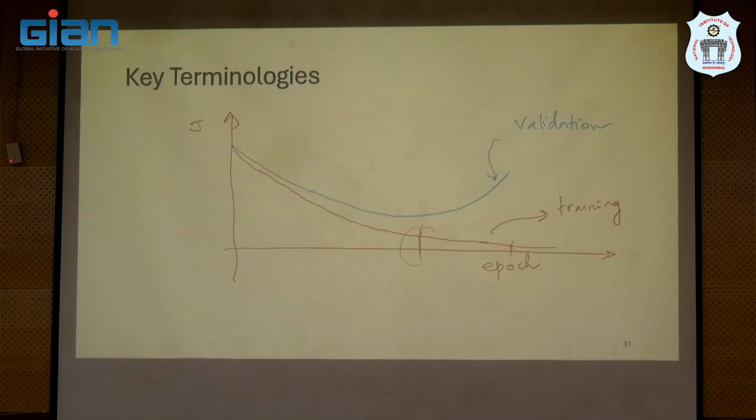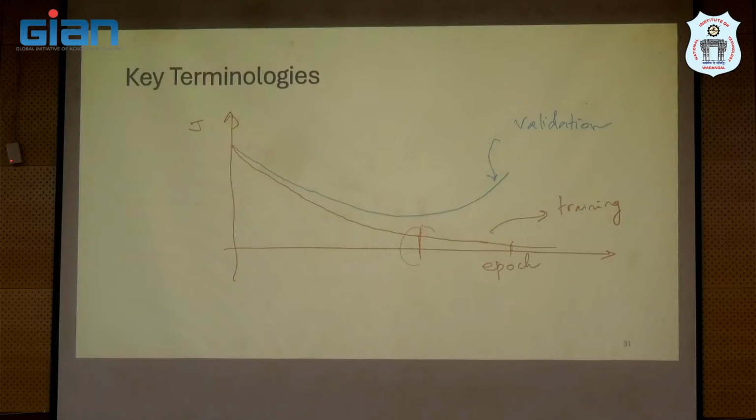Then for that model, if you give an input from the validation set, you may see that as you train more and more, the validation set's loss function would not necessarily go down continuously. You may reach a point where the validation loss starts to increase beyond a certain epoch.